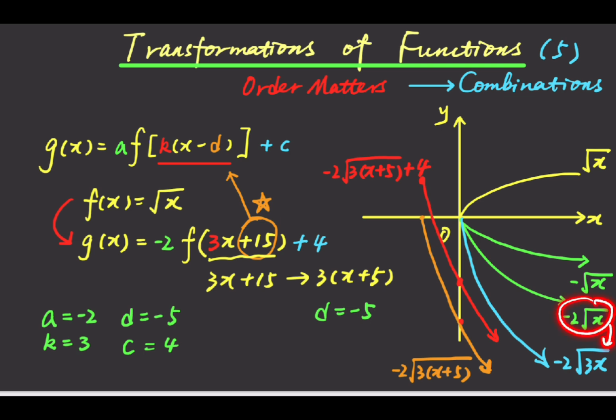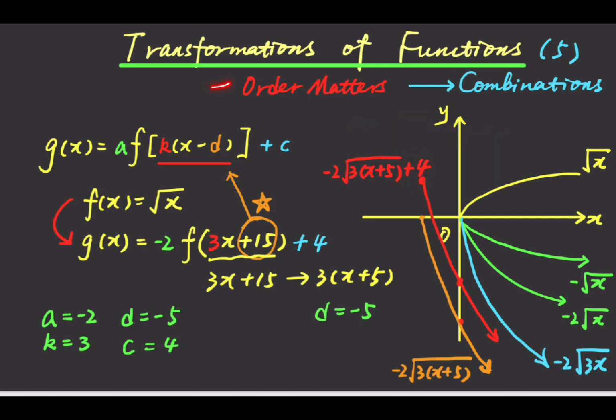Then from this step to this step, you do transformation represented by k. Then you do transformation represented by d, that you say, to the left side. Then you do transformation represented by c, that you say, translate the whole graph upwards by c units. Here, c greater than 0, so plus 4.